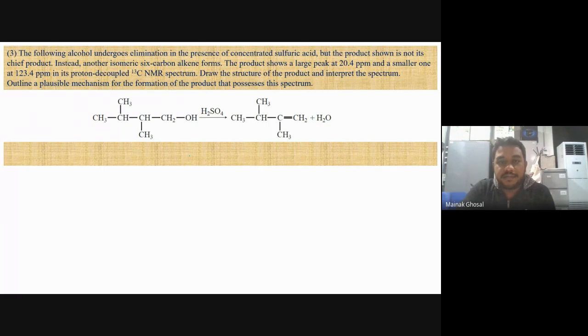The product shows a large peak at 20.4 and a smaller one at 123.4 in its proton decoupled 13C NMR spectrum. You need to draw the structure of the product, interpret the spectrum, and outline a possible mechanism for its formation. Can anyone help me?